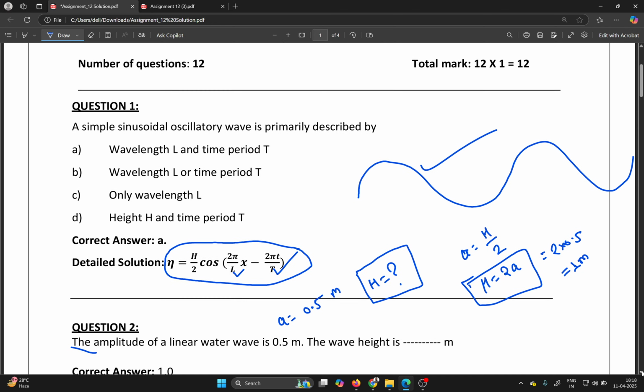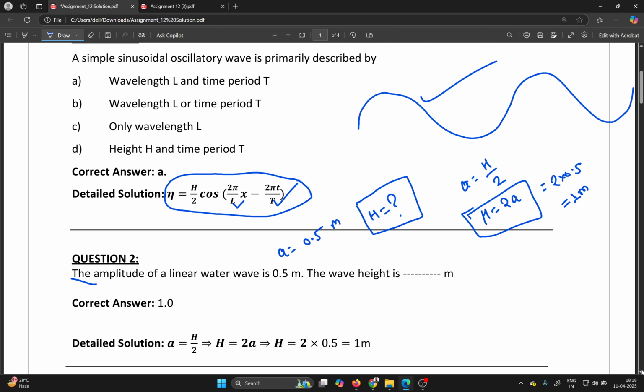But how can you see this graphically? Let us suppose your wave starts from here, like that.